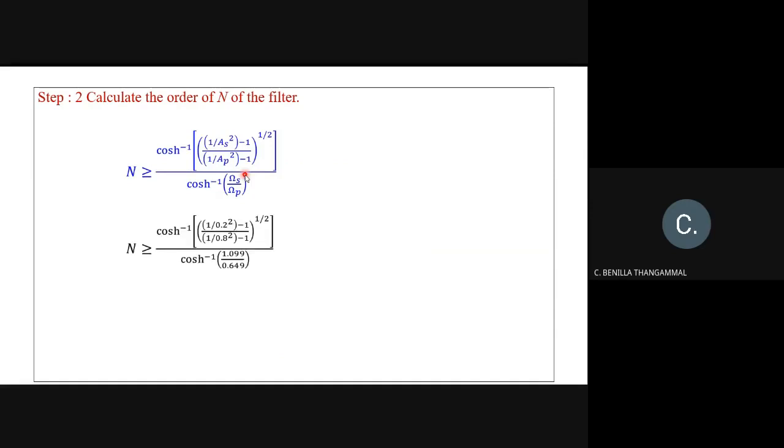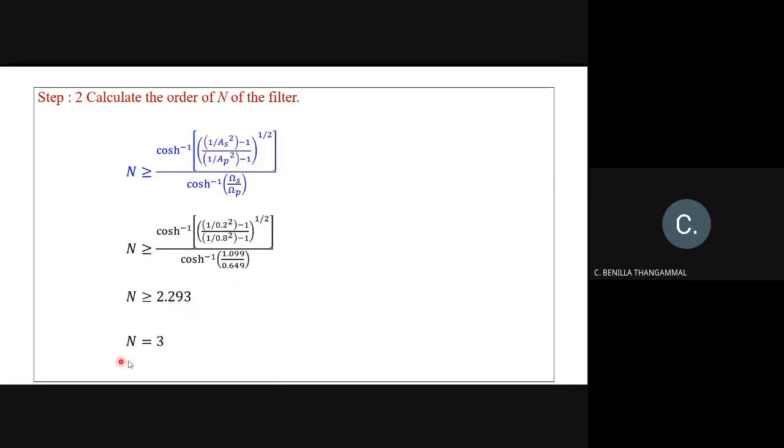So substituting your AS, AP, omega s and omega p using your calculator: cosh inverse, open bracket, open bracket, 0.2 square inverse minus 1 close bracket divided by open bracket 0.82 square inverse minus 1 close bracket, close bracket, power 0.5, close bracket divided by cosh inverse of open bracket 1.099 divided by 0.649 close bracket. If you press equal to, your n value is 2.293.